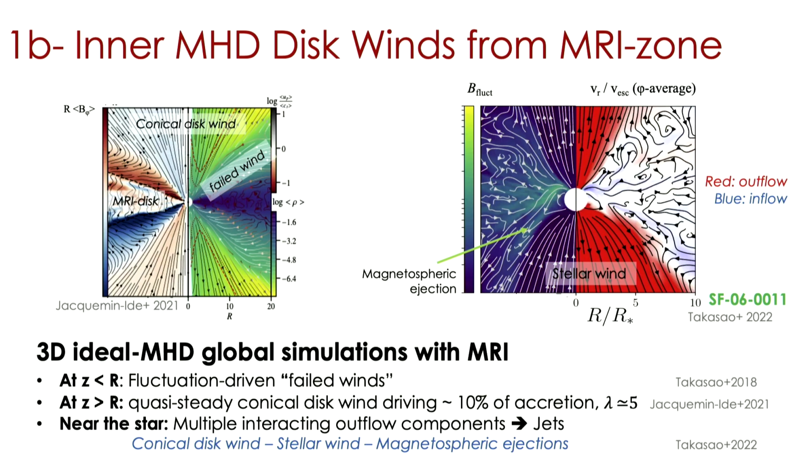But you're right that it could contribute, pushing against these field lines. I don't know if Takasawa can comment on whether it changes the characteristics of the conical disk winds that are there. But definitely that's the direction to go. The problem is how much mass flux to put in there.